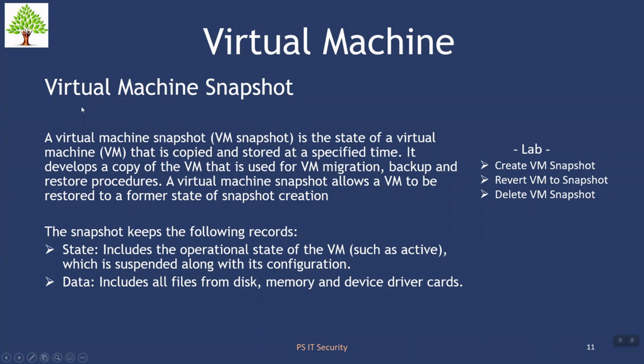Let's see what a virtual machine snapshot is. A virtual machine snapshot is the state of a virtual machine that is copied and stored at a specified time. When you take a snapshot of a virtual machine, it stores the current state of the virtual machine. It can be in a powered off state or in a running state. The state will include the operational state of the VM.